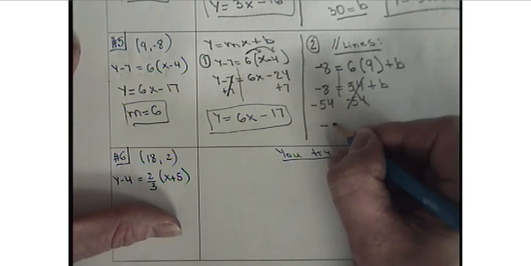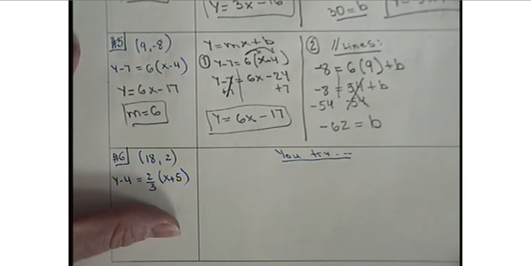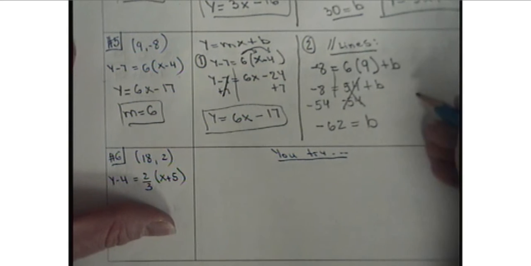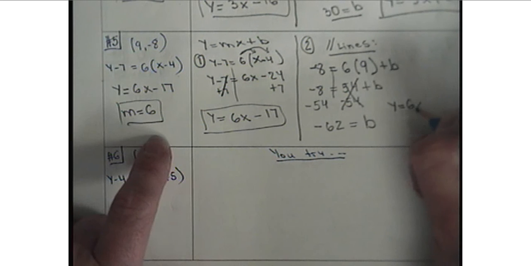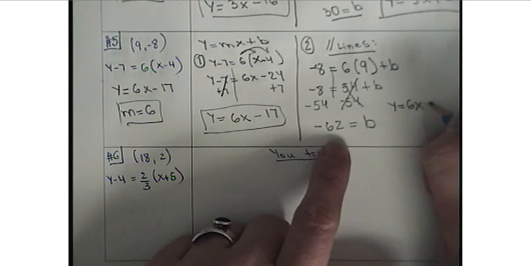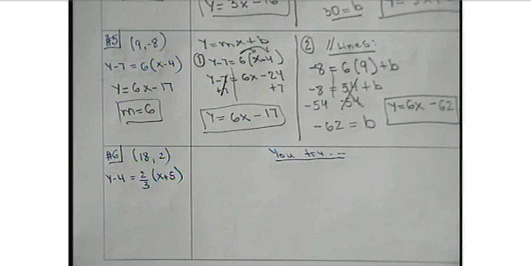Negative 62 is equal to b. And the equation for this second line will be y equals 6x, same exact slope, minus 62 for b. With that, we can complete the problem.